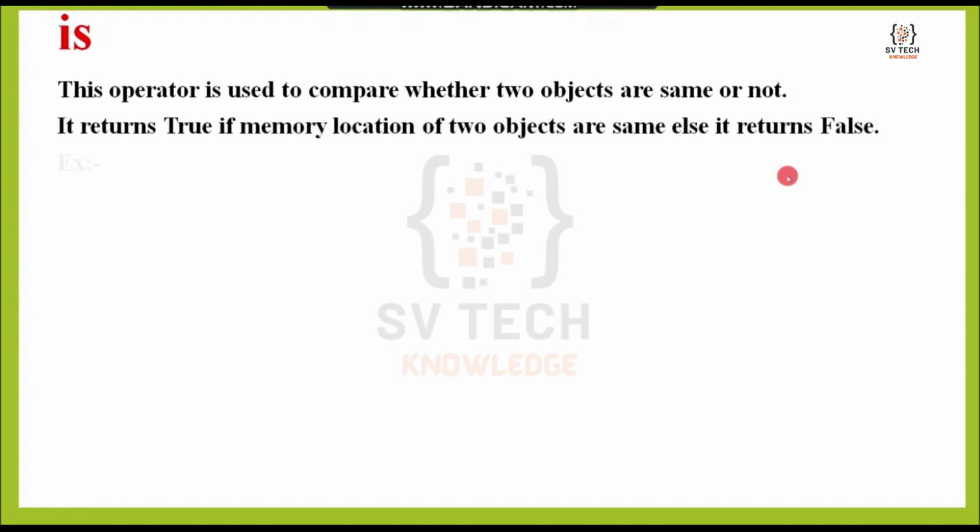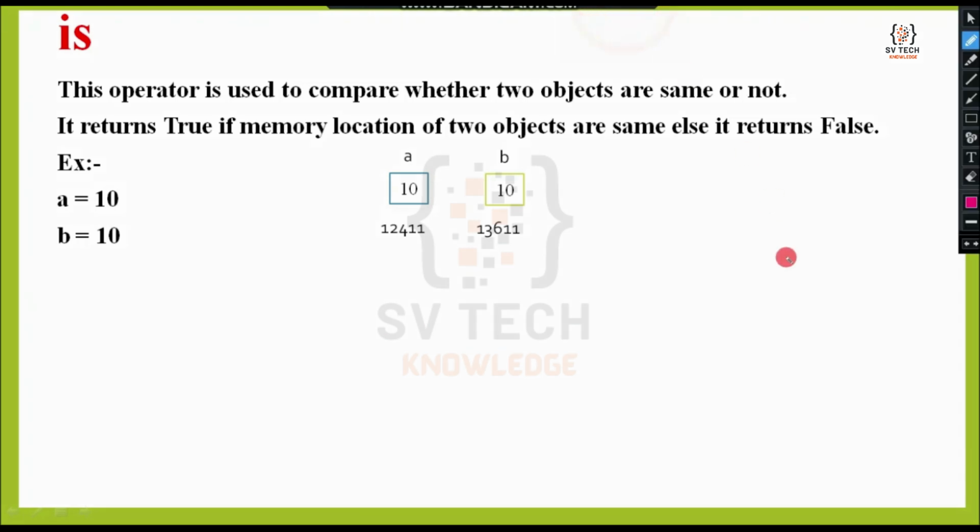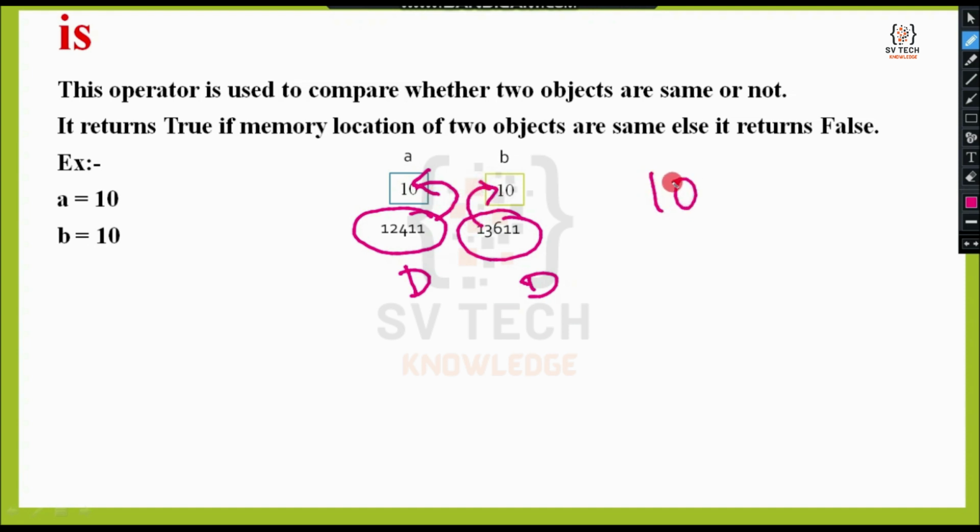So I am discussing here about is. I am checking whether two different addresses are holding the same value or not. Here this is one address and this is a different address, and both addresses have the same value, which is 10, means a is equal to 10 and b is equal to 10.